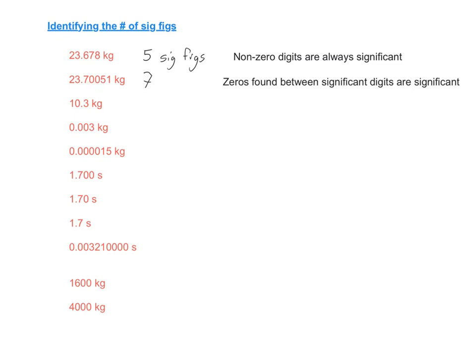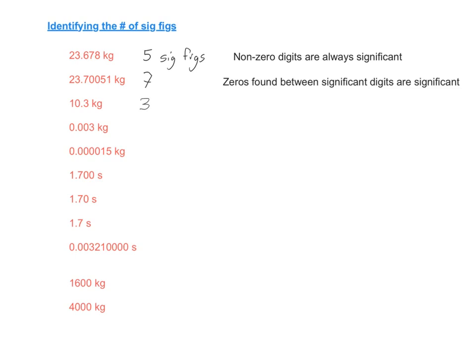In other words, they are significant. Similarly, in this example, 10.3, there are 2 non-zero digits and a 0, but that 0 is sandwiched between 2 non-zero numbers, so we count up all the digits and we get 3. So there are 3 significant figures in this case.